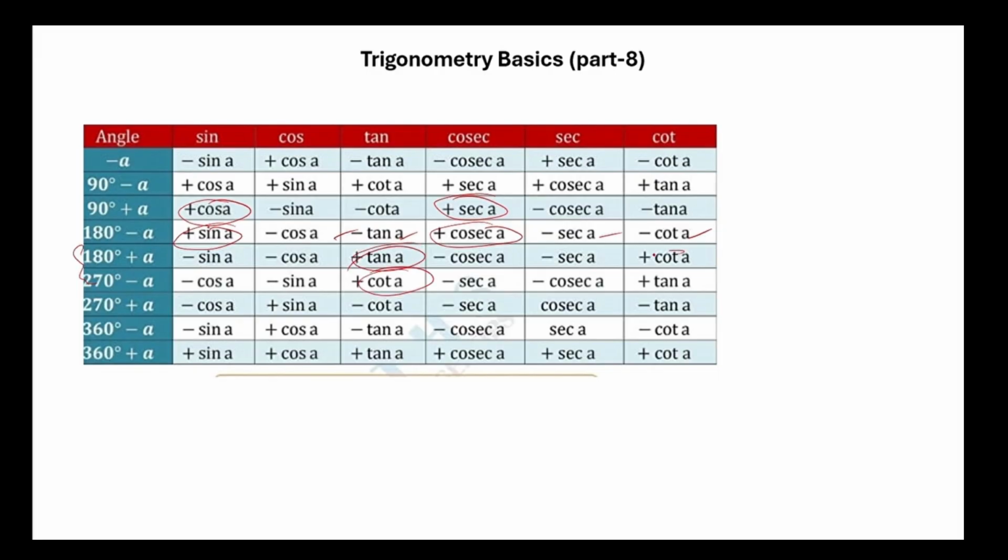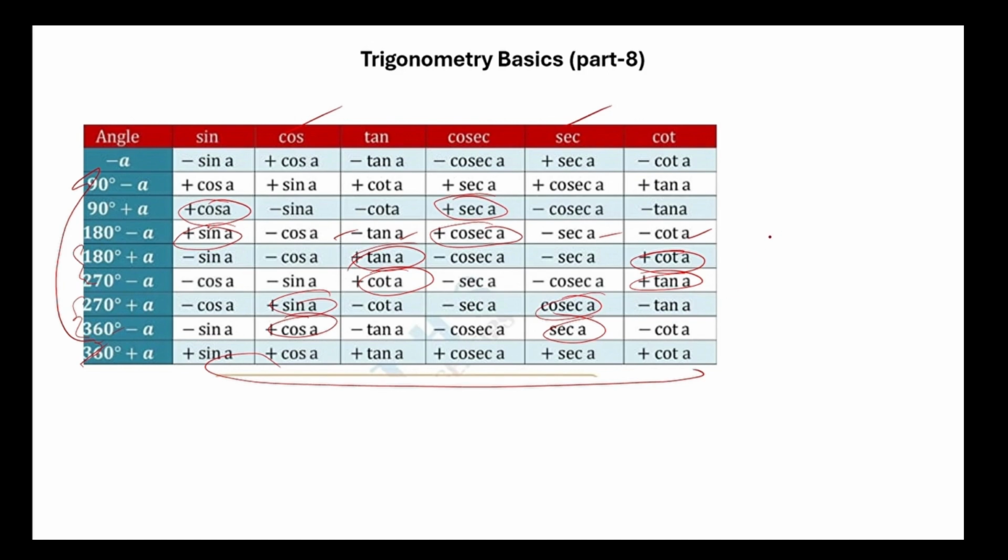In the second quadrant, only the sine terms are positive, the remaining are negative. In the third quadrant, tan and cot terms are positive, the remaining negative. In the fourth quadrant, cos and secant terms are positive, the remaining negative. In the first quadrant, all are positive.